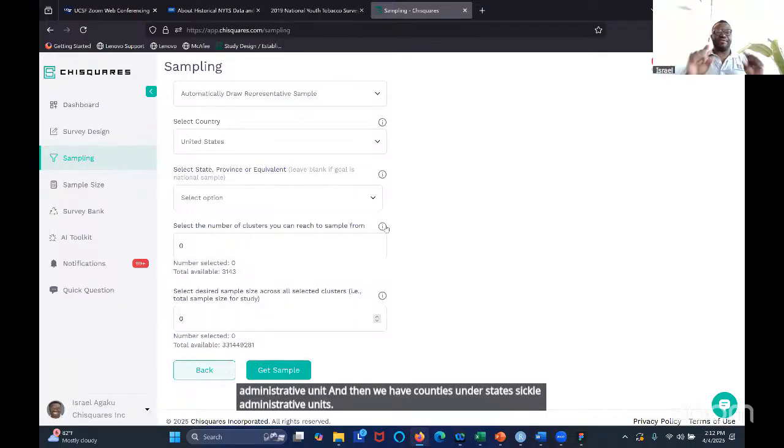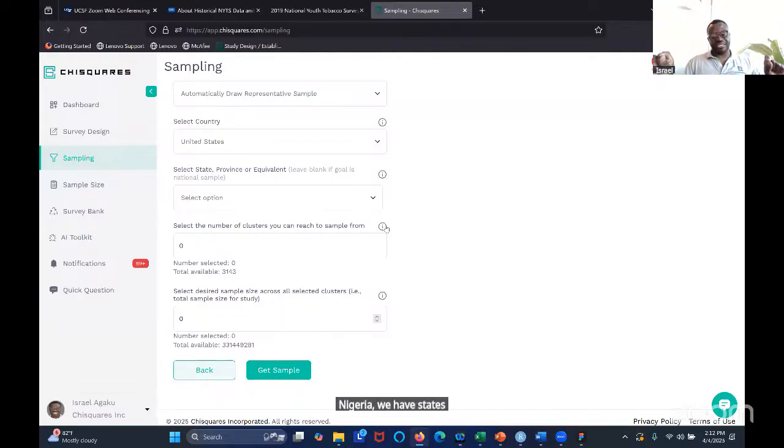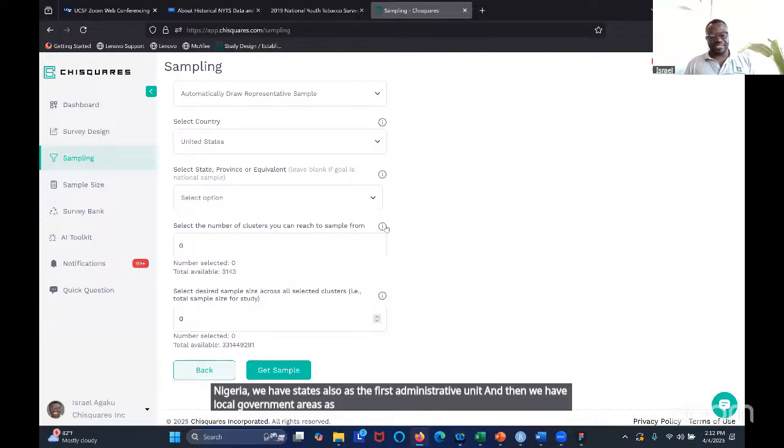In Nigeria, we have states also as the first administrative units, and then we have local government areas as second administrative units. So the platform consistently uses counties or county equivalents, or in general, the second admin units as clusters, so that we keep it as close to the ground as possible.